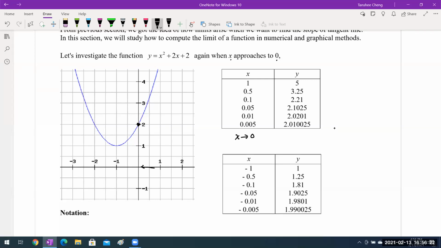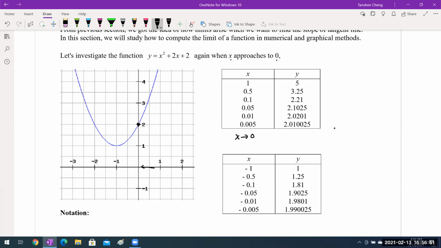What happened to my output value? It starts with 5 and then gets smaller and smaller, but it steadily gets closer and closer to the value 2, as I can see. If I make the x value a little bit smaller, you can see that the output value is much closer to the value 2.